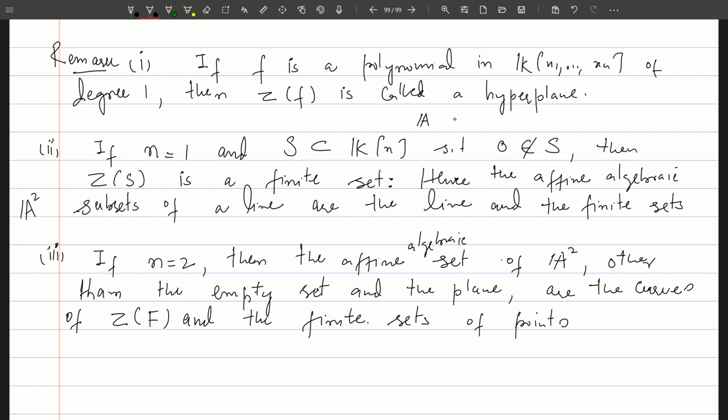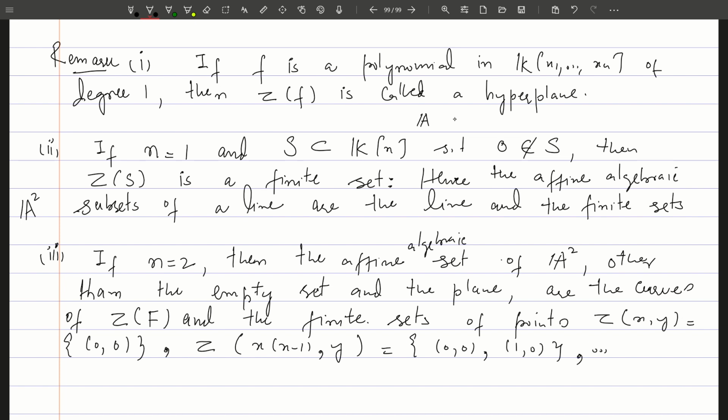For example, if we look at the zeros of the polynomials x and y, this will be the singleton set which contains the point (0,0) only. Similarly, if we look at the zeros of the set of polynomials x(x minus 1) and y, then the zero set will contain two points. These two points will be induced by the zeros of these two polynomials. So one will be (0,0), the other will be (1,0), and the process goes on.